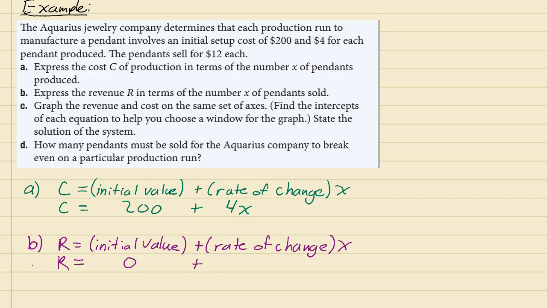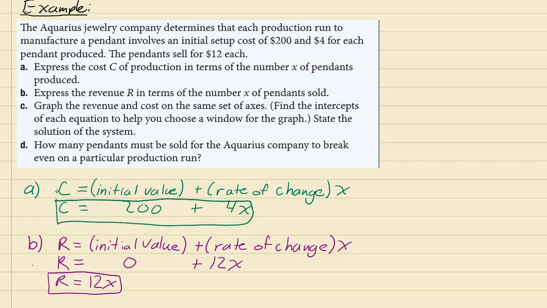And the rate of change is how much your revenue increases every time one more pendant is sold. And they're sold for $12 each, so that's going to go up by $12 per pendant. So it becomes 12 times X. And you usually don't write 0 plus 12x, usually you just write this as R equals 12x. Okay, so that's the answer to A and B.